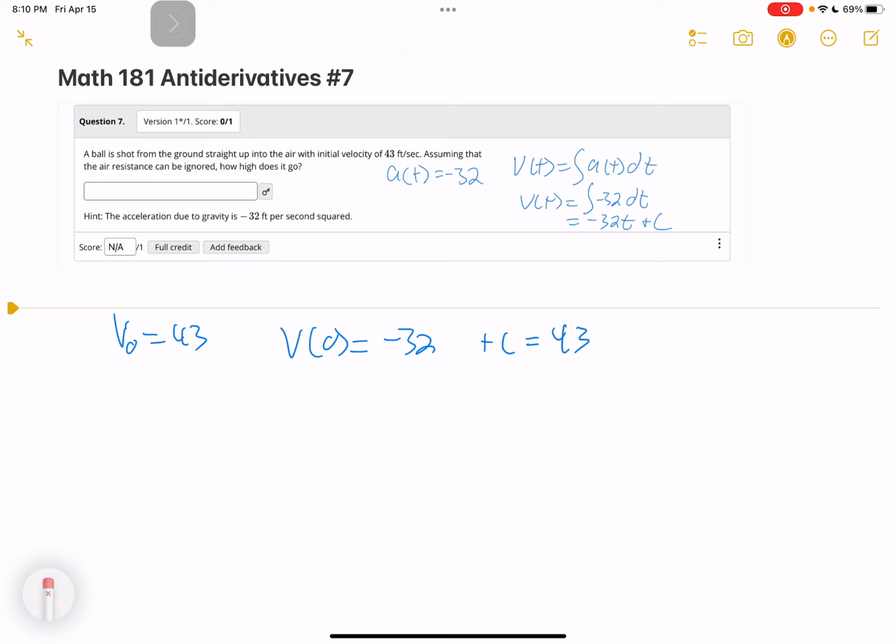And I just noticed that t should have been written as a 0 because we're talking about time being 0. So that lets us say c equals 43. So our velocity at time t is negative 32t plus 43.